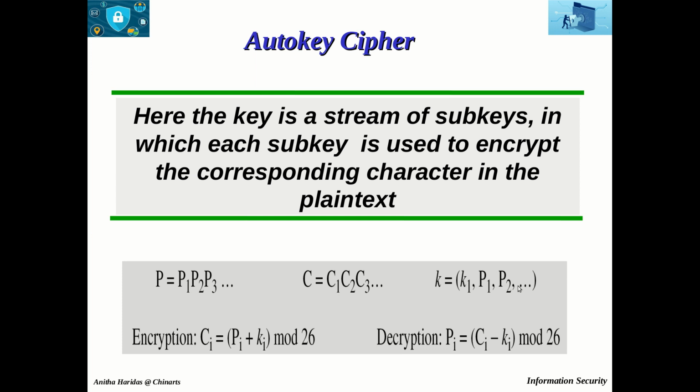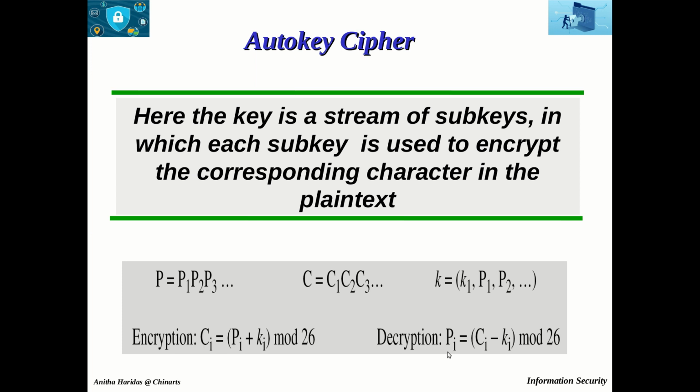P1, P2, P3 are the plain text characters in the order. And here the encryption process uses the additive cipher, which we have already discussed. So the ith plain text character will be added with the ith subkey, and the modulo operator applied with 26 will produce the ith ciphertext character.